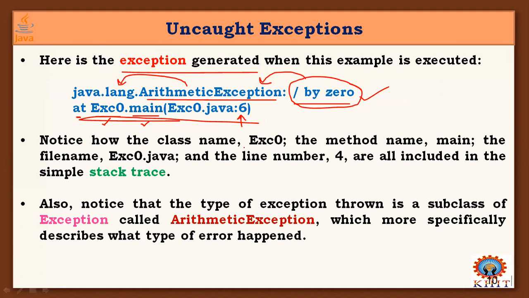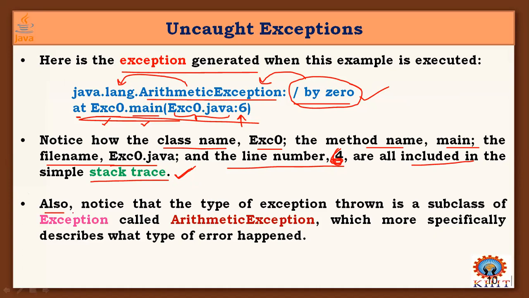So notice how the class name, Exception0, the method name, main, and the file name, Exception0.java, and the line number 6 are all included in the stack trace. The stack is used in this context to hold these details from the starting point where the exception occurred.